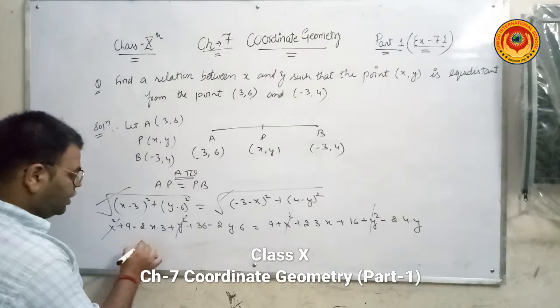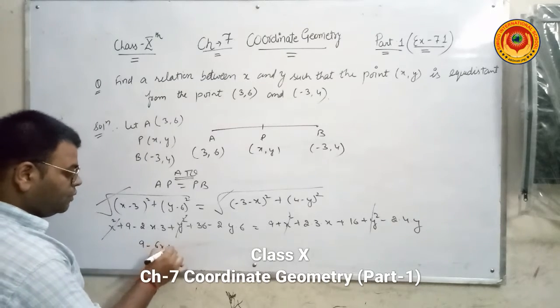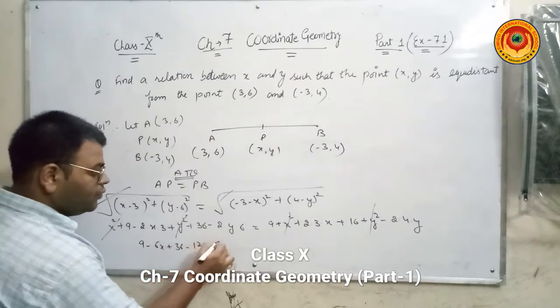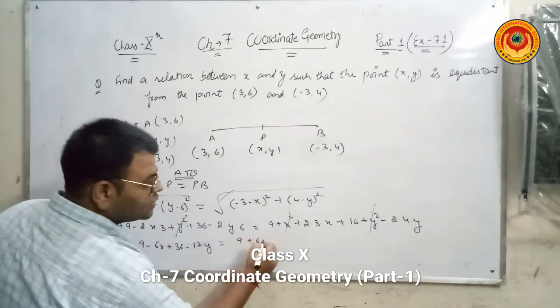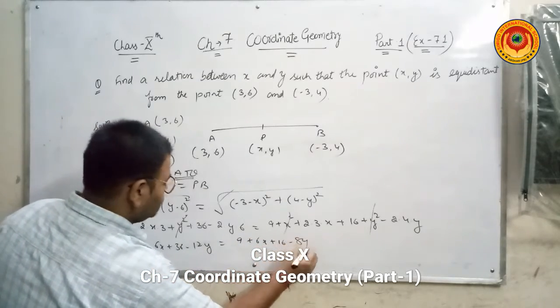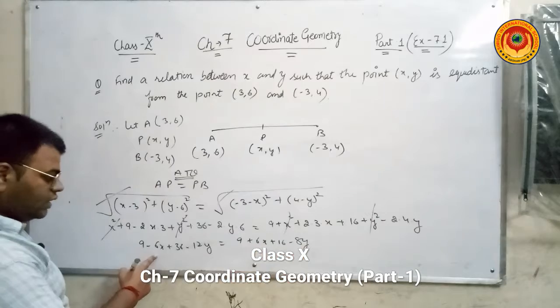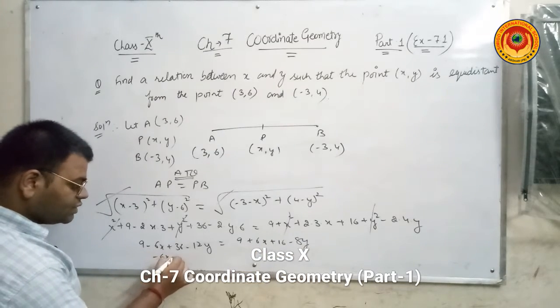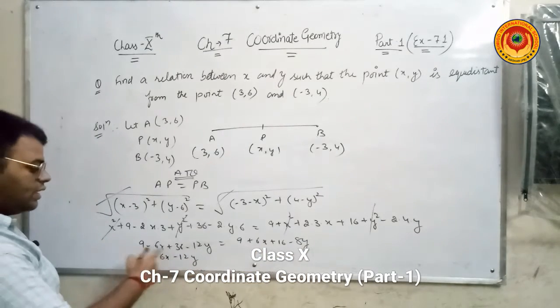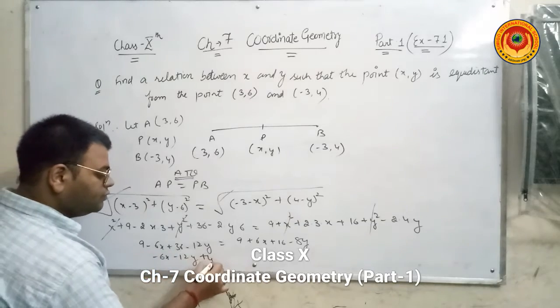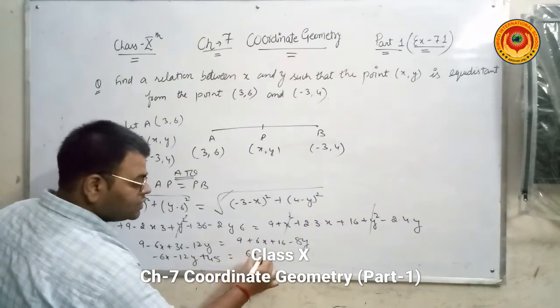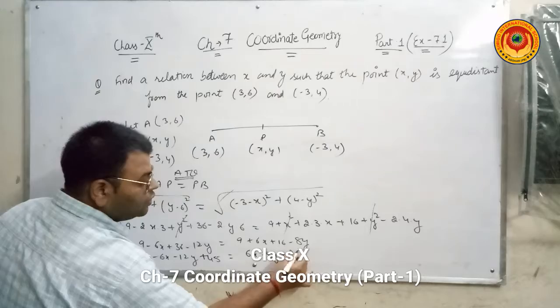Now 9 minus 6x plus 36 minus 12y is equal to 9 plus 6x plus 16 minus 8y. Here 36 and 9 make 45; here 16 and 9 make 25.